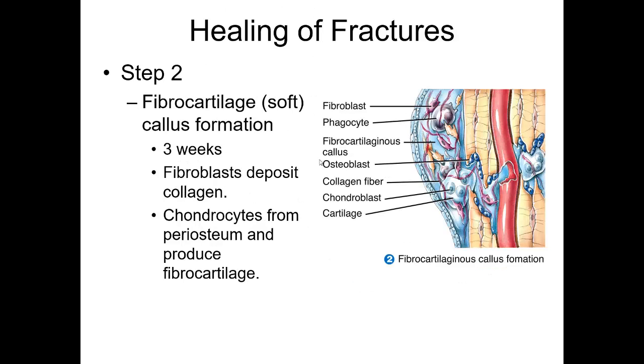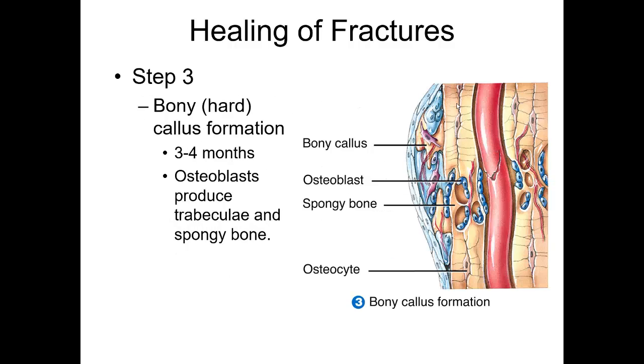In step 2, fibrocartilage, or formation of a soft callus, takes place, and chondrocytes from the periosteum around the bone form a soft cartilage of protection around a bone that is going to take much, much longer to heal. In step 3, a hard callus starts to form. So you see right here, at these places, a hard bone is starting to form.